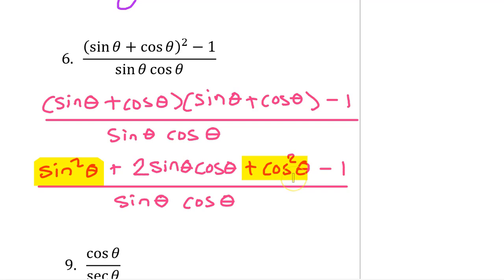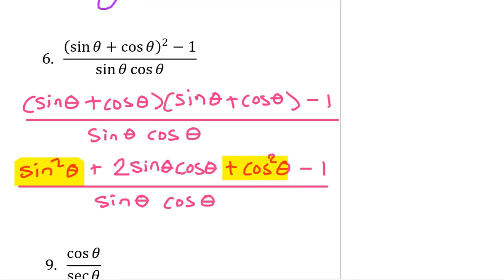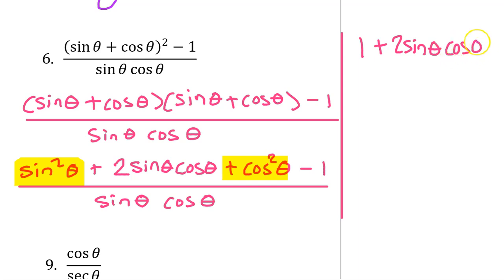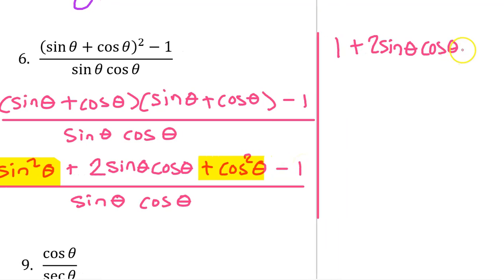That is our favorite Pythagorean identity. So let's make that substitution. So we will have 1 plus 2 sine theta cosine theta. And then we have the minus 1 on the end over sine theta cosine theta.